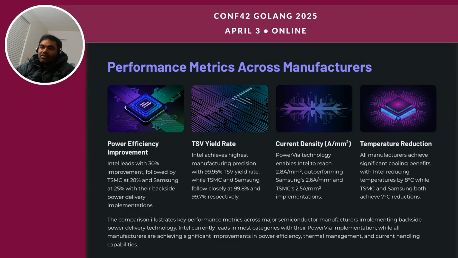Current density: PowerVia technology enables Intel to reach 2.8 amps per millimeter square, with Samsung and TSMC just below. Temperature reduction: all manufacturers show significant cooling benefits, with Intel reducing temperature by 8 degrees centigrade, TSMC and Samsung by 7 degrees. This is the performance comparison for backside power delivery.